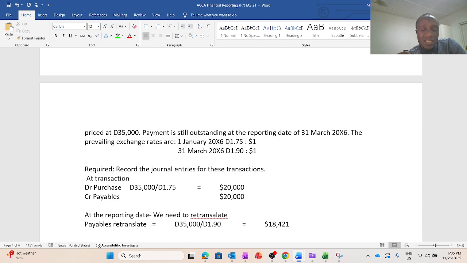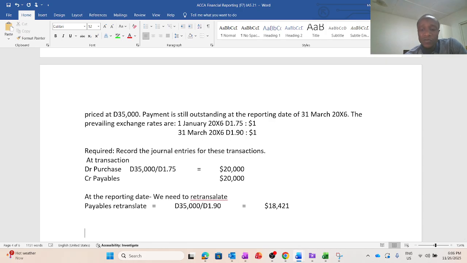So it means the payable balance has decreased significantly due to the changes in the exchange rate. So now if we are going to settle the transaction at this point in time, we are going to pay less. Instead of making a payment of 20,000, we are going to make a payment of 18,000.